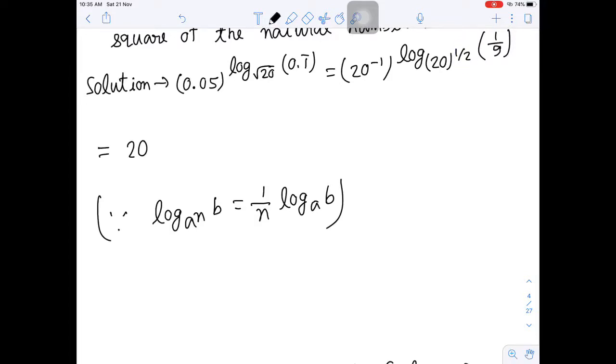So first of all you have 20 to power minus 1, and then it is like a to power m, and the log term is like n, so it will become a to power mn. So it will become 20 raised to power minus 1 into, and as I told you, 1 by the reciprocal of this power of the base, so 1 by 1 by 2, and into you will get log 1 by 9 base 20.